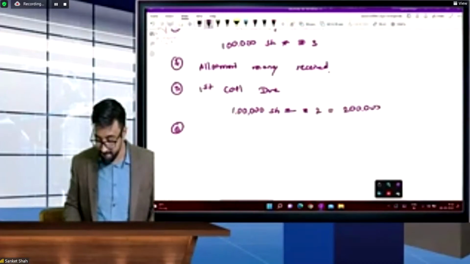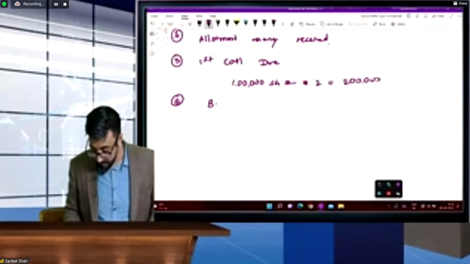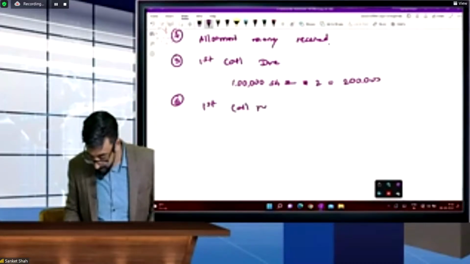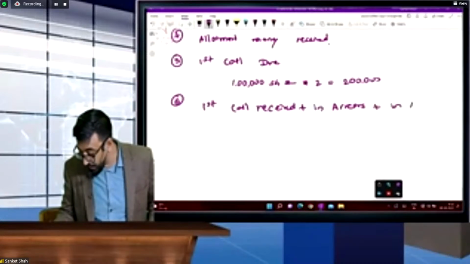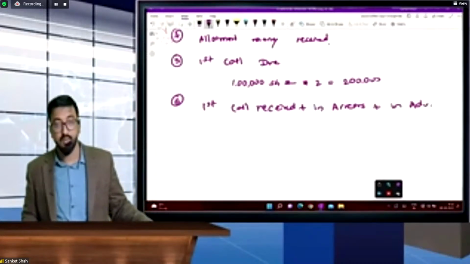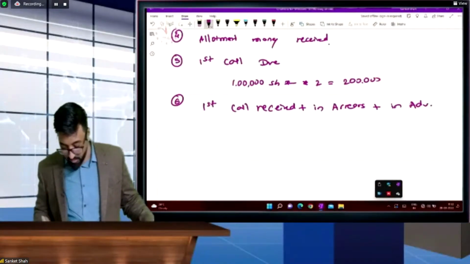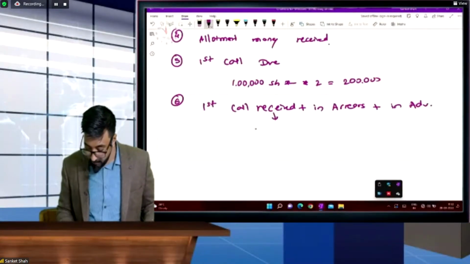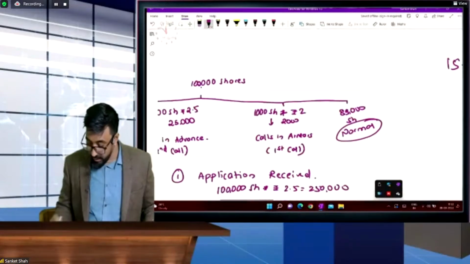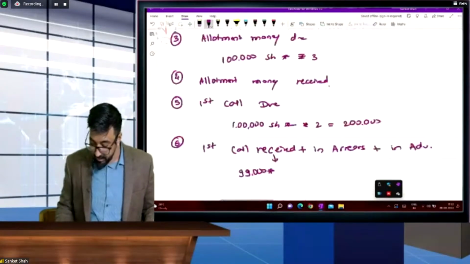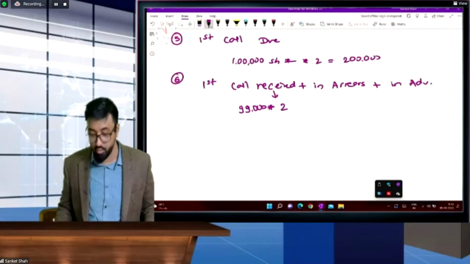Now, problem. First call received, plus in arrears, plus in advance. First call received on 99,000 shares except that 1,000. 99,000 shares into rupees 2.